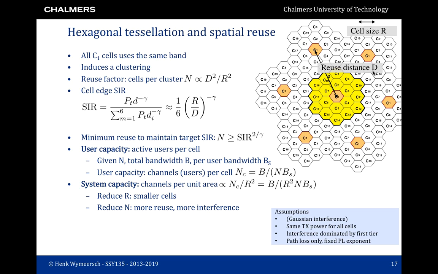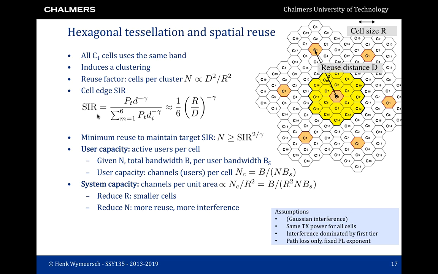We can also compute other metrics, for instance the cell edge SIR. This is the signal to interference ratio seen by a user on the boundary of the cell. For such a user, the power with respect to the home base station will be the lowest possible value, and this user will see interference from 6 neighboring cells that use the same channel. In principle, there is also interference from further away cells with the same channel, but we ignore those because their power will be very low due to the path loss.